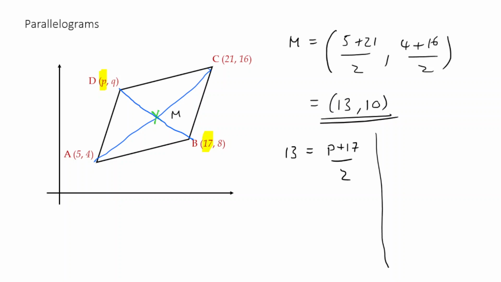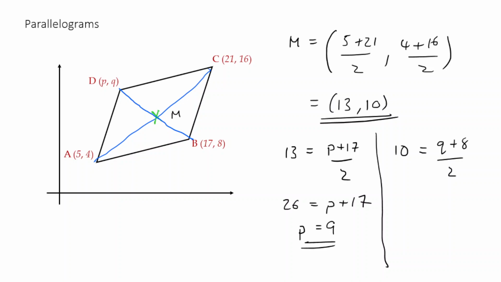And in the same way, I could do that with the y value. I know that the y-coordinate of the midpoint must be 10. And so I take the two y values, q and 8, and add them up, and also divide by 2. So 10 is equal to q plus 8 divided by 2. Now if I just solve that, I'm going to get 26 is equal to p plus 17. So p is equal to 9.